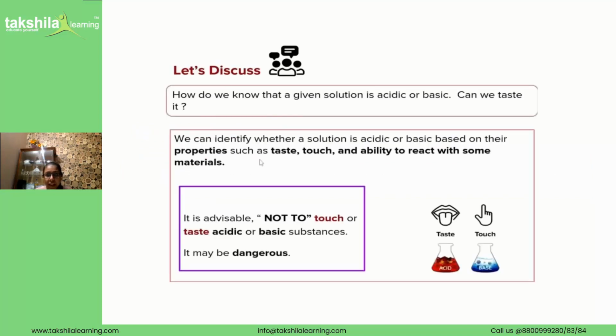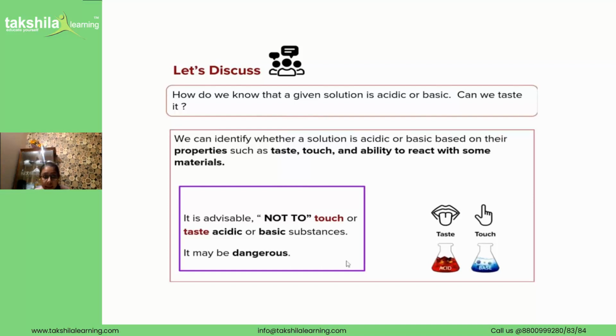The answer is that we can identify whether a solution is acidic or basic based on its properties: tasting them, touching them, and their ability to react with some other material. We can taste and touch some substances, but there are certain substances which we cannot touch and cannot even taste.